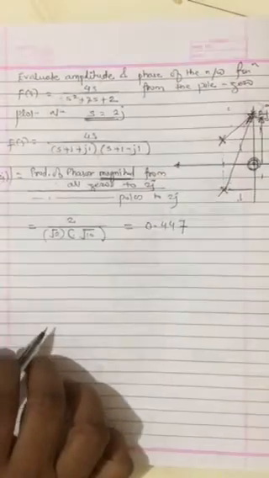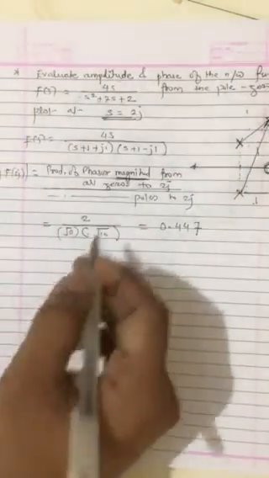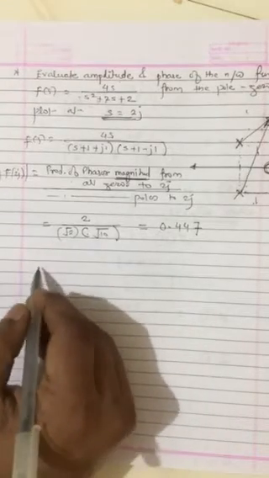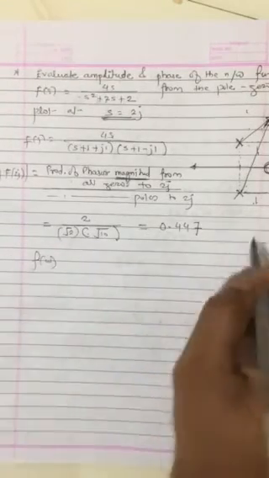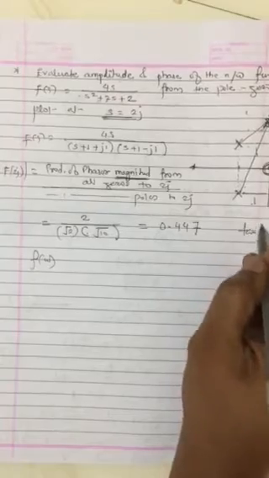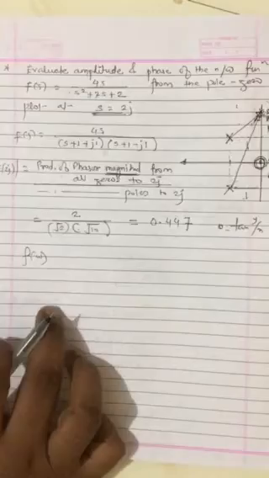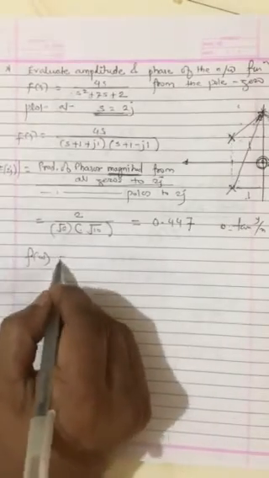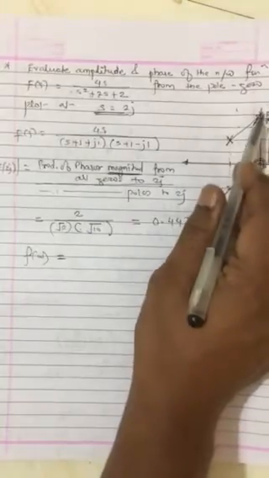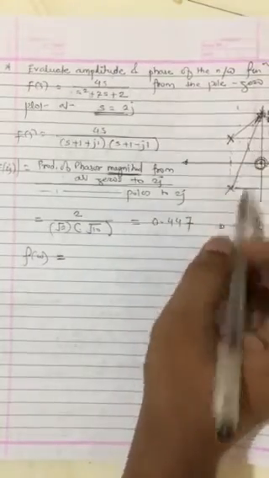Now let's see the phase. To find the phase, we know that we can find it by theta equal to tan inverse of y by x, if you remember, right? In the same context, the angle from the zero to the particular point will be taken positive and from the poles will be taken negative.